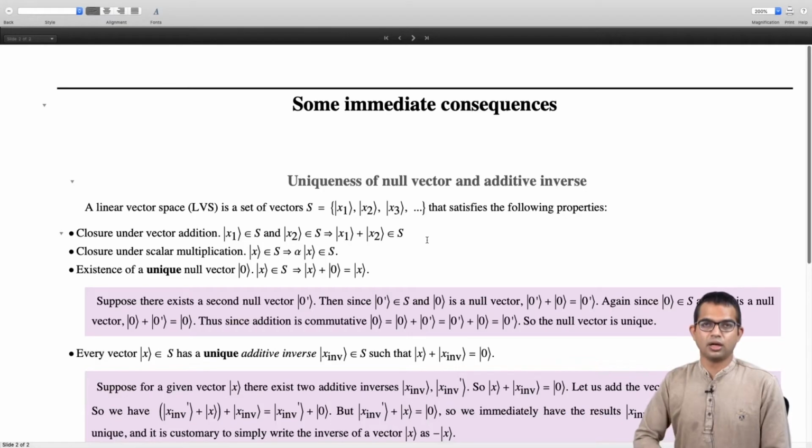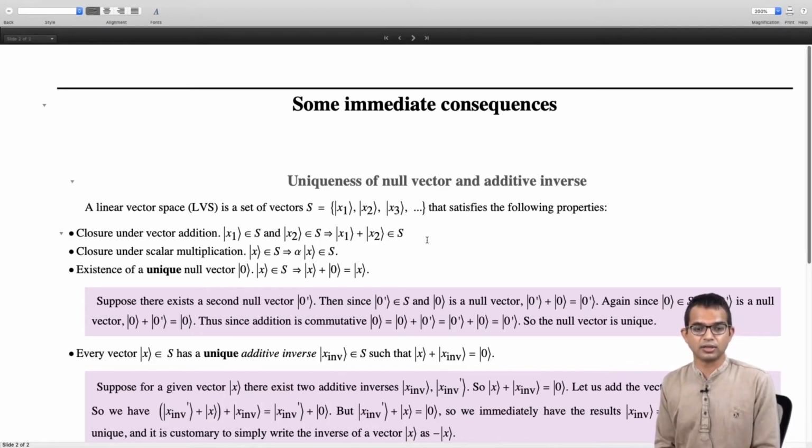Now we want to argue that it automatically implies a unique null vector. The definition does not have to forbid the presence of more than one null vector, but we will see that it's impossible to have more than one. There is going to be one null vector. You can actually prove it.